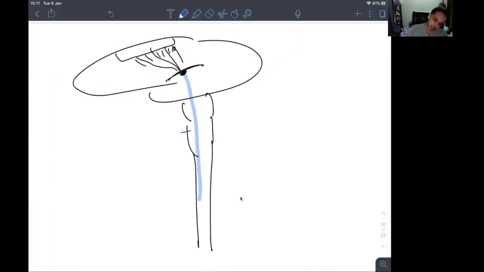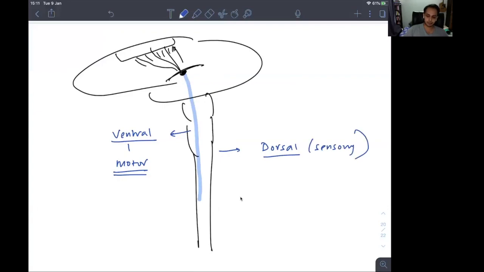So the anterior part is also known as the ventral part, and the ventral part is predominantly motor. And the posterior part is known as the dorsal part, and the dorsal part is predominantly sensory. So this is a good thing to remember, because at any point, if you take a cross section, you might be confused as to, is this anterior or is this posterior?